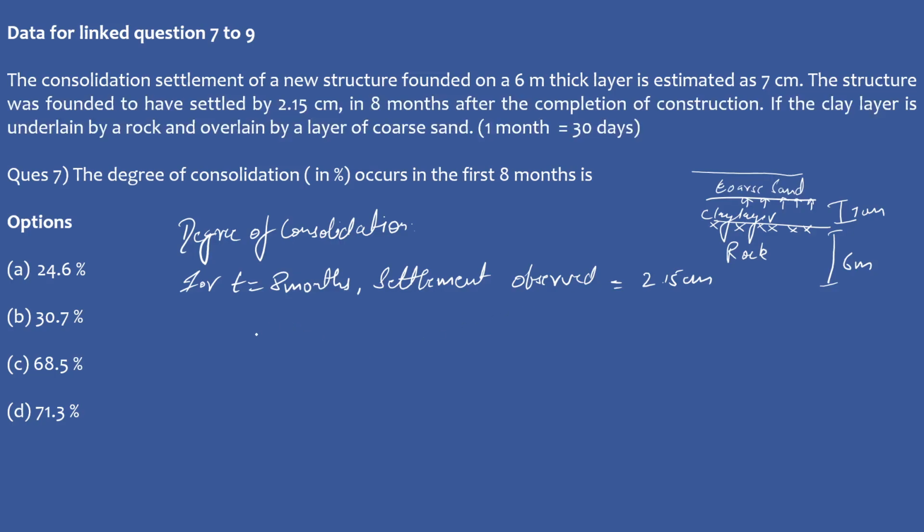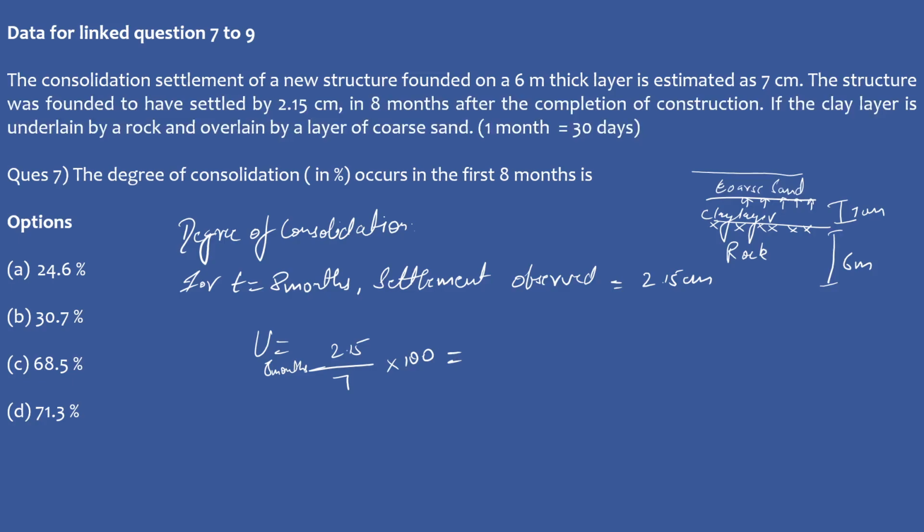So the degree of consolidation will be calculated as 2.15 upon 7 into 100. We are talking about t equal to 8 months.